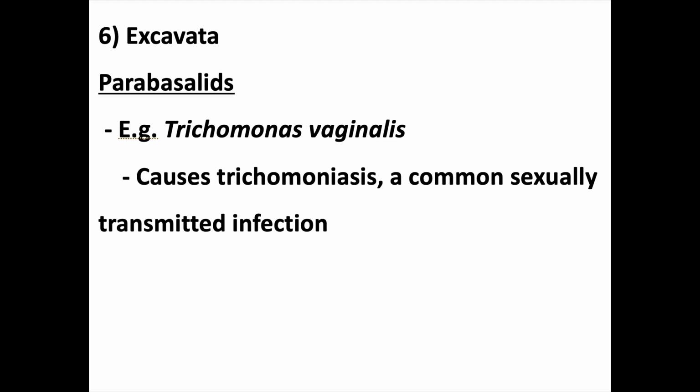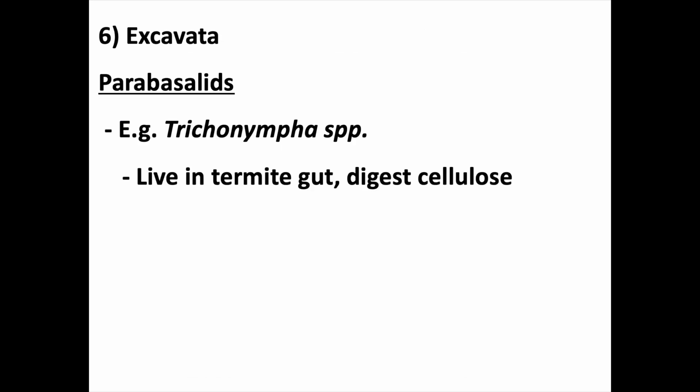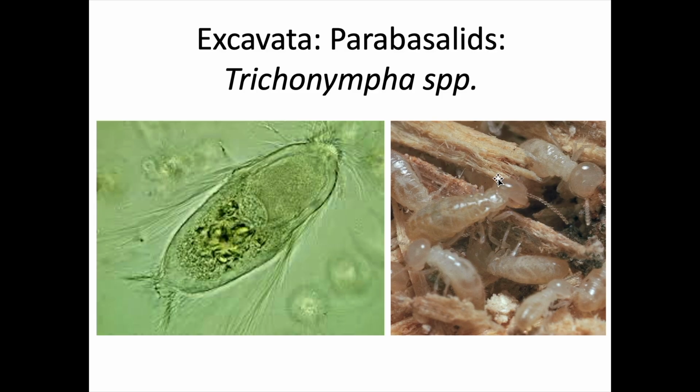Now, the axostyle usually means you're up to no good, but there's actually one other example of a parabasalid that is not using this axostyle for evil. It's Trichonympha spp., and there's the spp. again. These Trichonympha are attaching to the walls of the termite gut and helping these termites break down cellulose.